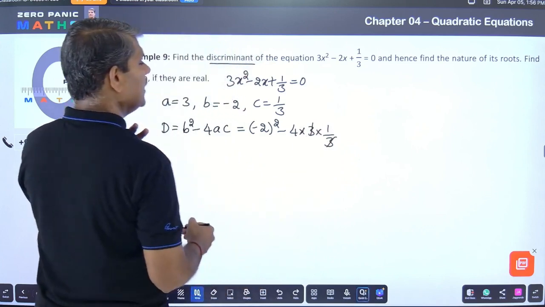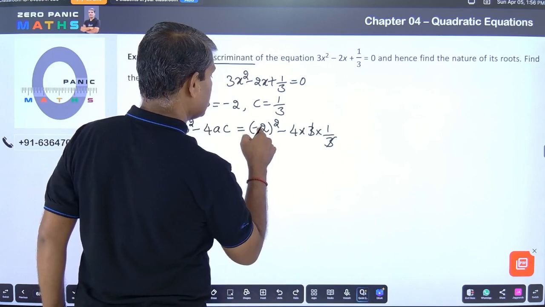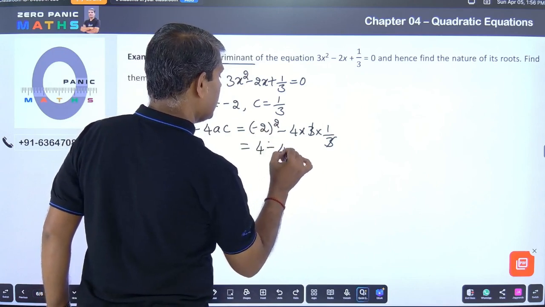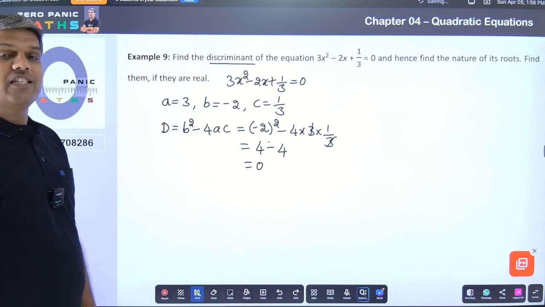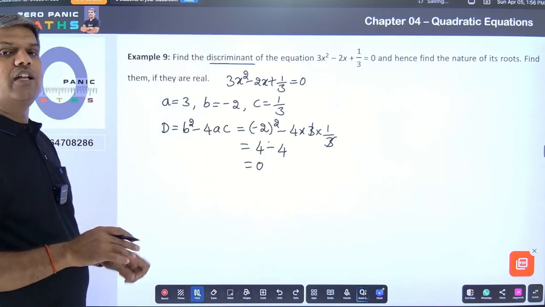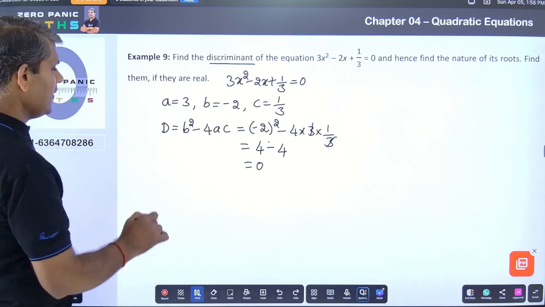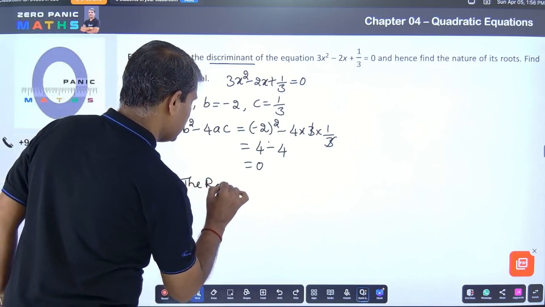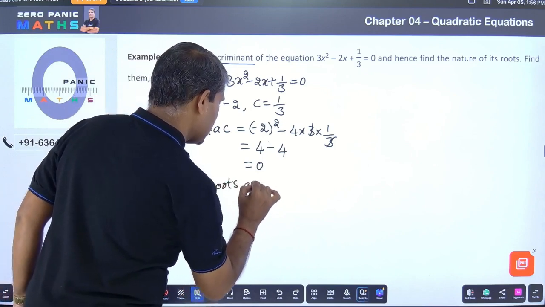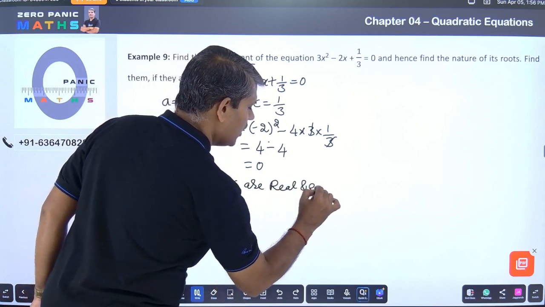The 3 got cancelled here, and 2 square is 4 minus 4, which is equal to 0. So if the discriminant is equal to 0, then the roots are real and equal.